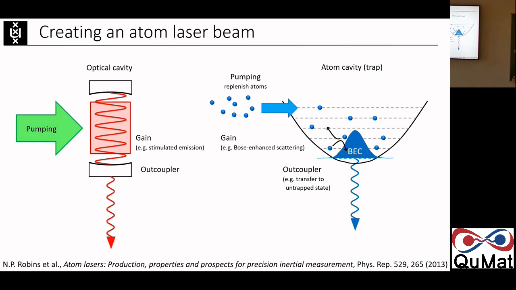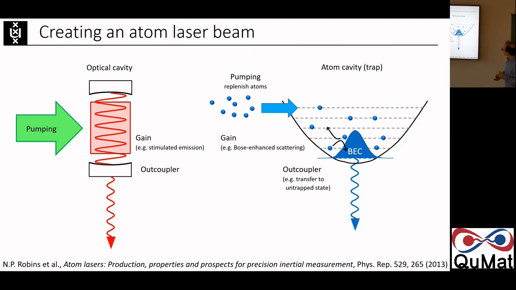And by the way, this is not only important because the laser beam here takes atoms away from the BEC. These BECs are typically very dense. That means there are three-body collisions and molecules are constantly being formed. There's a constant loss process going on, and you need to fight against this.